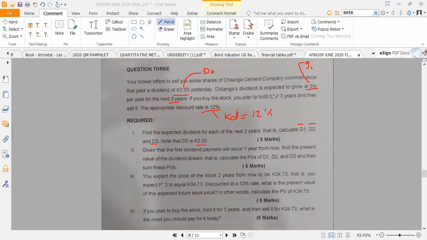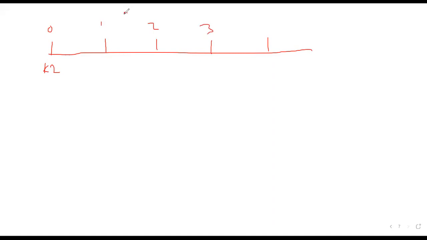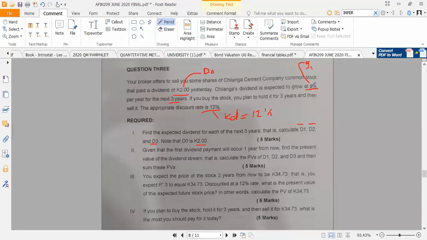So Betche, are you there? I am. I need you now to use a number line. So here our D0 is what? Here 1, 2, 3. So we have 1, 2, 3. The growth rate G1 is what? 5%.